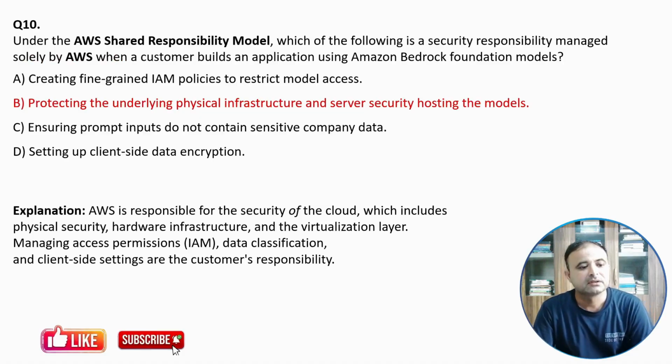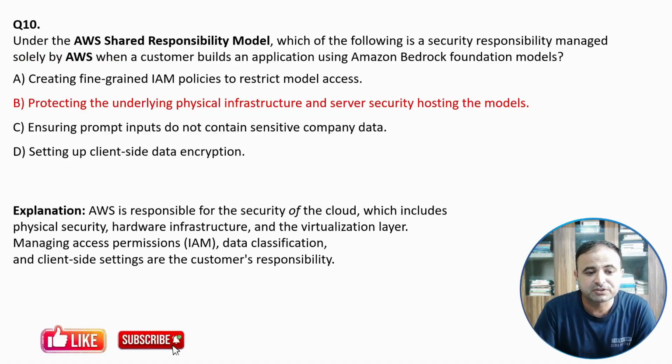And the last: under the AWS shared responsibility model, which of the following is a security responsibility managed solely by AWS? When a customer builds an application using Amazon Bedrock foundation models, creating fine-grained IAM policies. So which one? That is B. Protecting the underlying physical infrastructure and server security hosting the service.